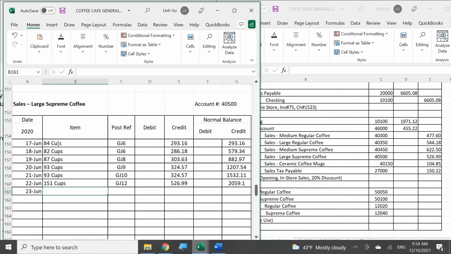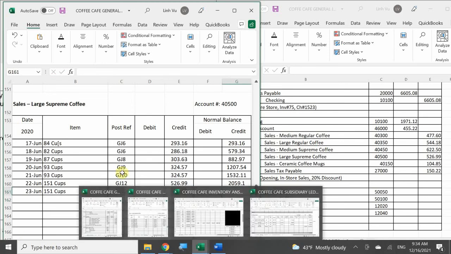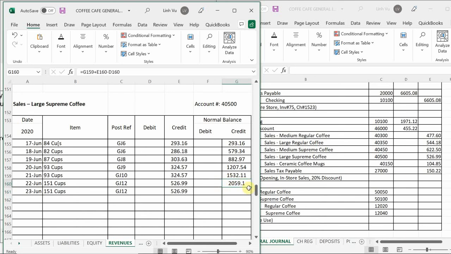What about the large supreme coffee? We sold 151 cups, for $526.99. Yes, that's right, just like from above. So then my grand total? 2586.09. Good. Last but not least, for the sales, we have the ceramic coffee mugs.